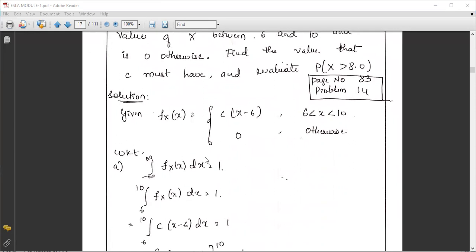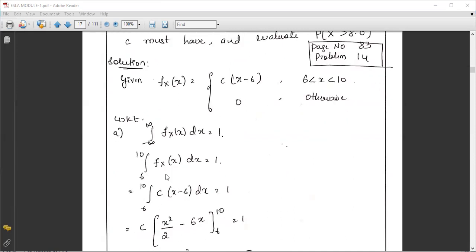Therefore, by that theorem, the integral from minus infinity to infinity of f_X(x) with respect to x equals 1.